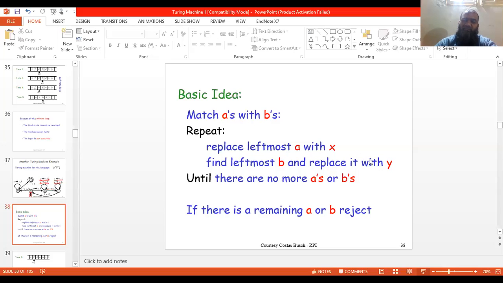Similarly, we are using X and Y as temporary symbols to compare that the number of A's should be equal to the number of B's. It is a mechanism for comparing. Instead of X and Y, you can write L and M, any symbol. There is no problem. I will simulate the machine, then you will learn how it works.